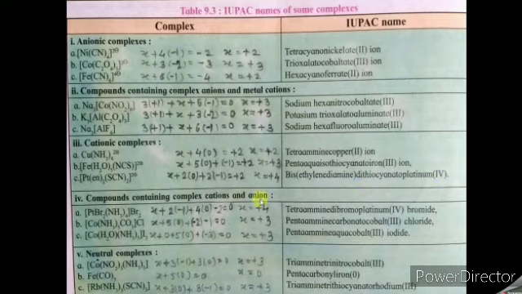Then compounds containing complex cation and anion. The first compound is [PtBr2(NH3)4]Br2. So oxidation state of Pt is X plus 2 into charge on Br, which is minus 1, plus 4 into NH3, which is neutral, so 0. Then there are 2 bromine, each carrying minus 1 charge, so minus 2, and overall charge is neutral compound, so 0.